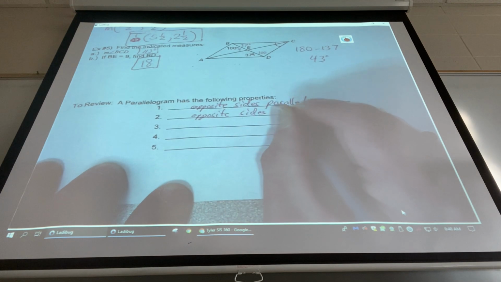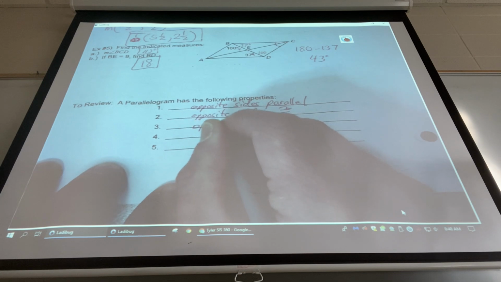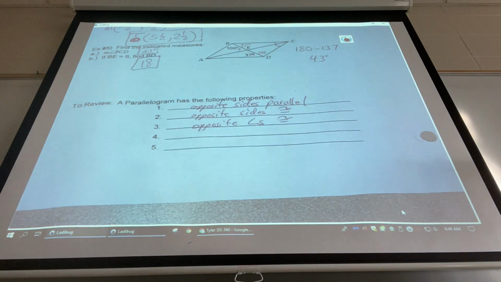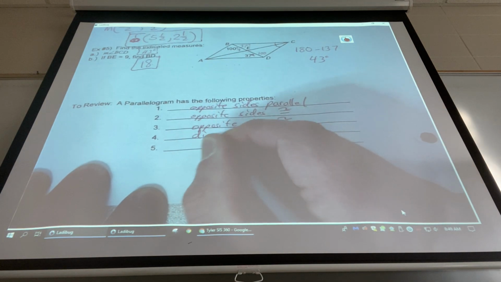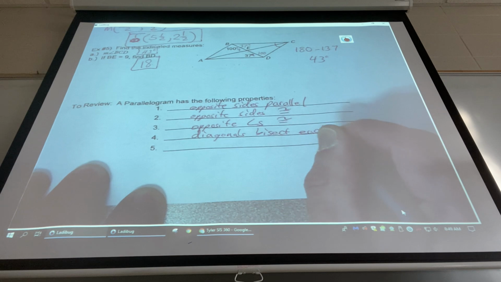What else do we know? Opposite angles congruent. What else do we know? The diagonals bisect each other.